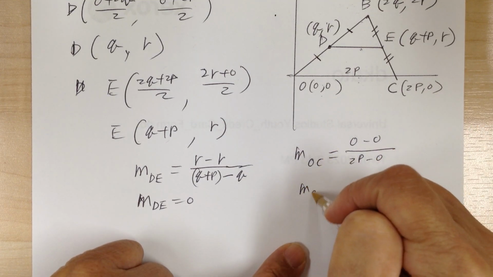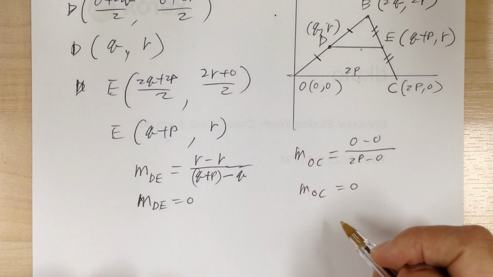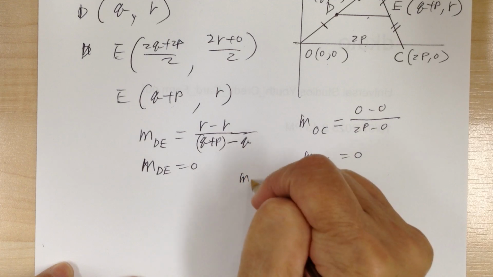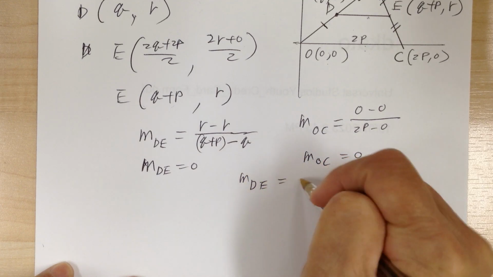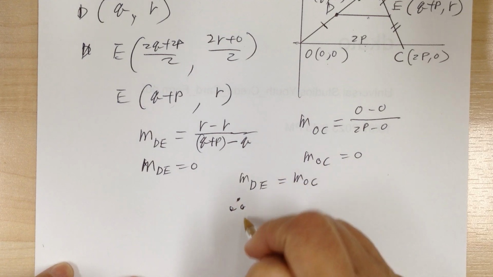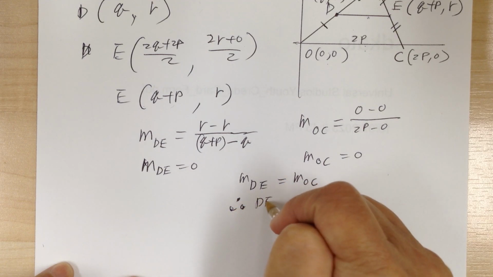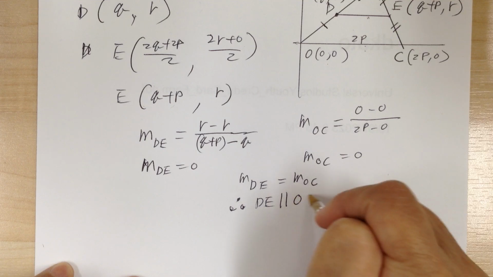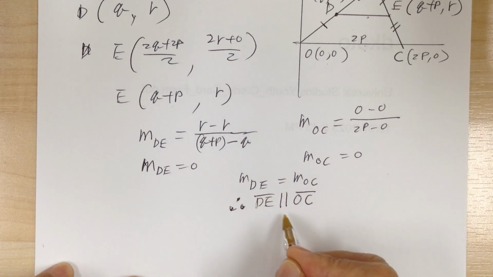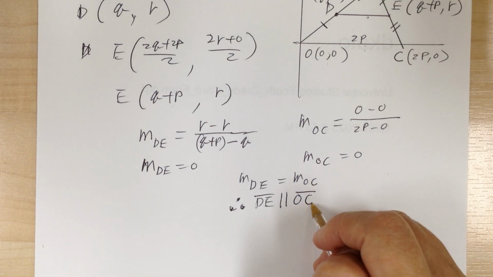The slope of OC equals 0. Since both are equal to 0, the slope of DE is equal to the slope of OC. The three dots mean therefore, DE is parallel to OC. So you proved that first one.